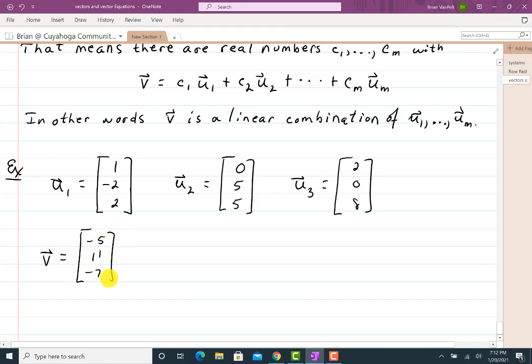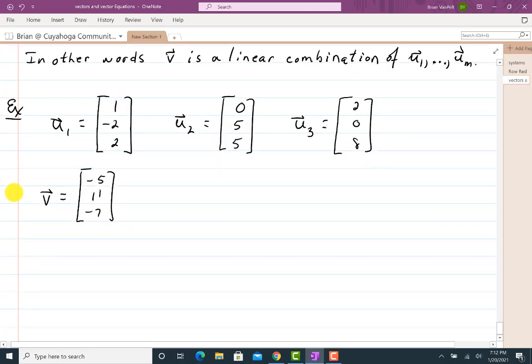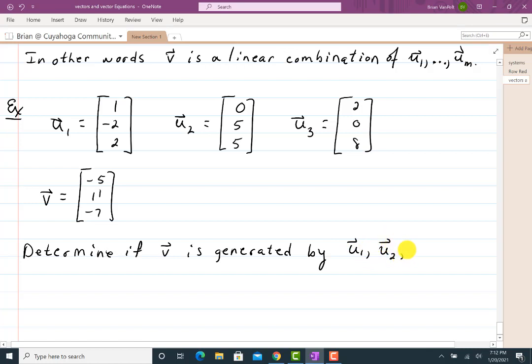So what I'd like to do is determine if V is a linear combination of the U's, or in other words, determine if V is generated by U1, U2, U3. So what does that mean?